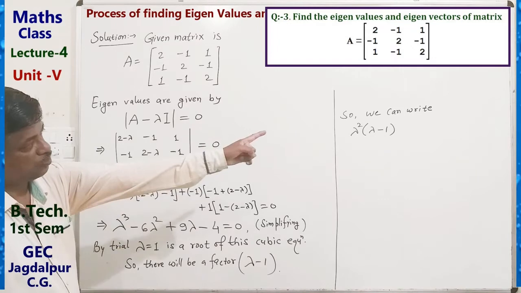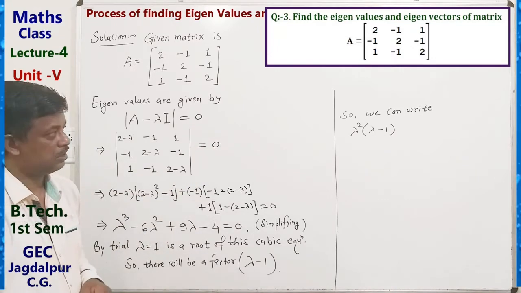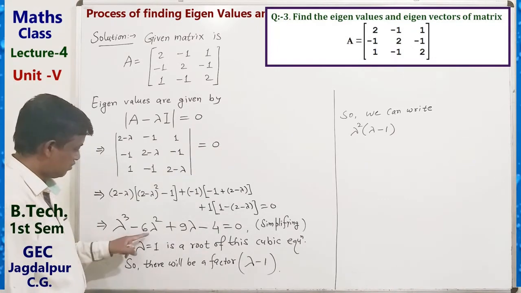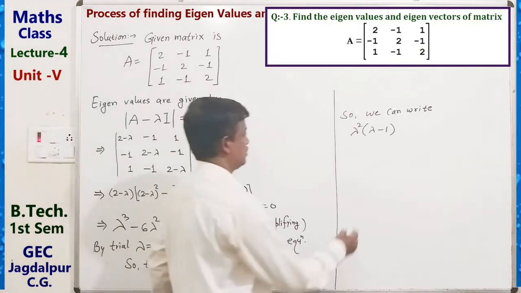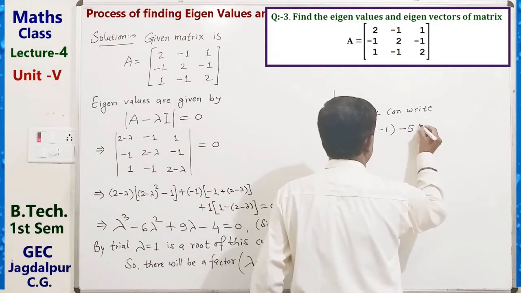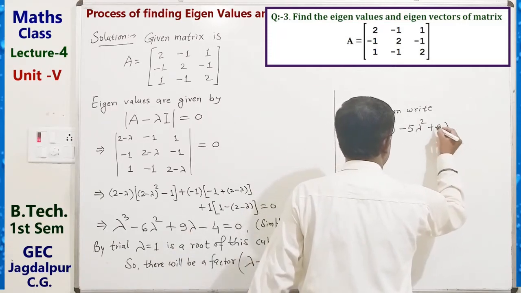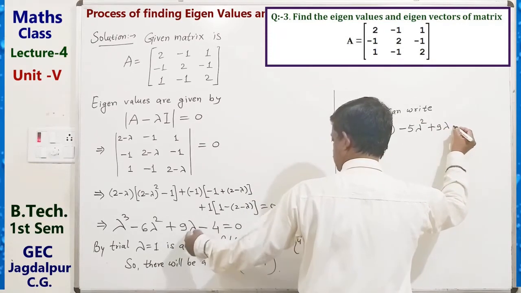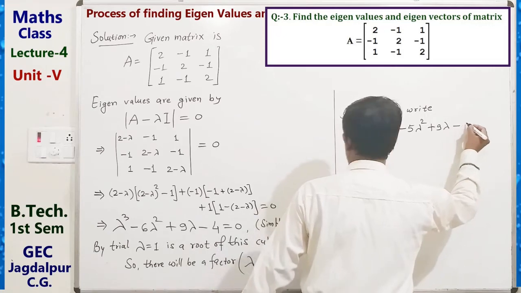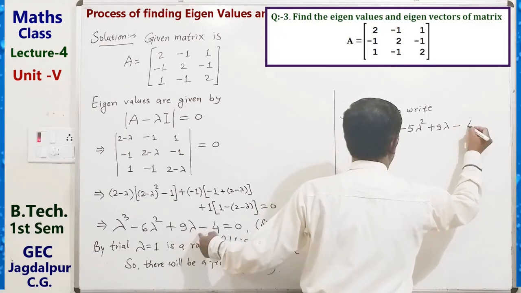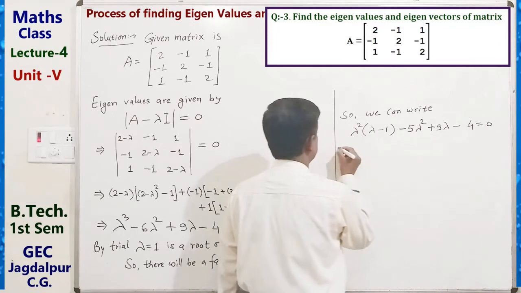So lambda cube minus lambda square. So plus lambda square means minus 5 lambda square. Minus 5 lambda square, plus 9 lambda minus 4 equals to 0. Now it can be solved.